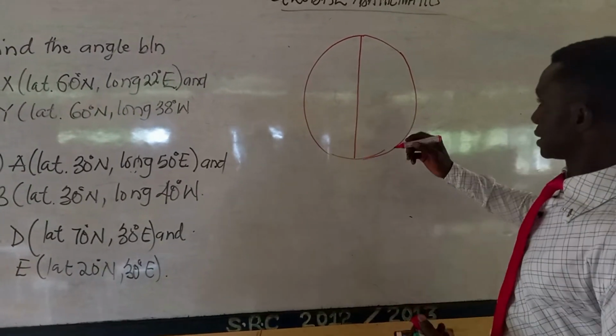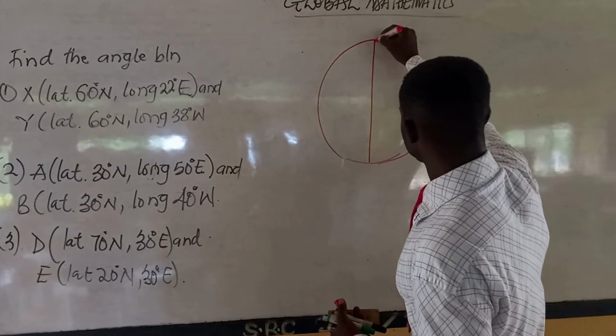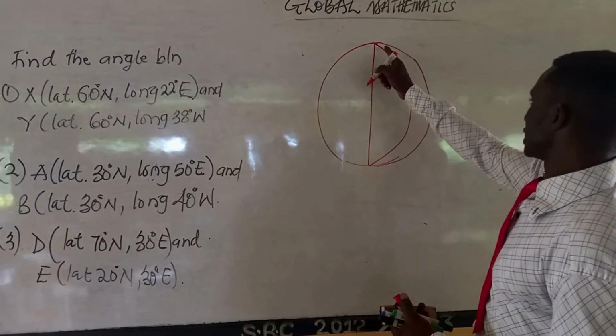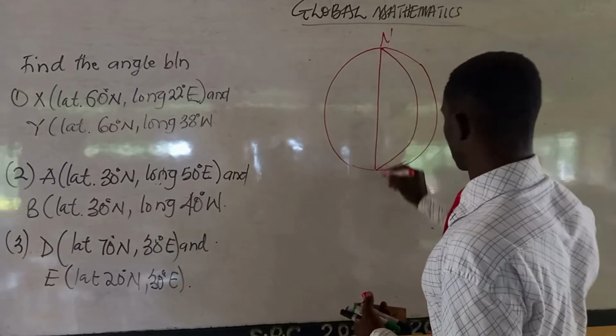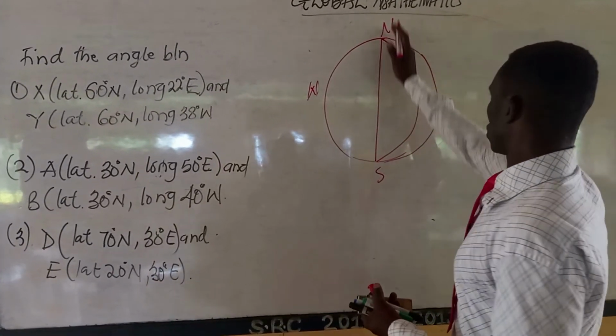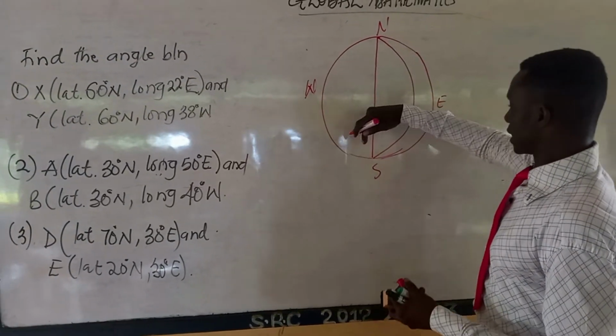So let's see, if you have the axis of the earth and you draw this longitude, this is north, south, east, and west. It's in the western part of the axis of the earth, and eastern part, and this is the western part.